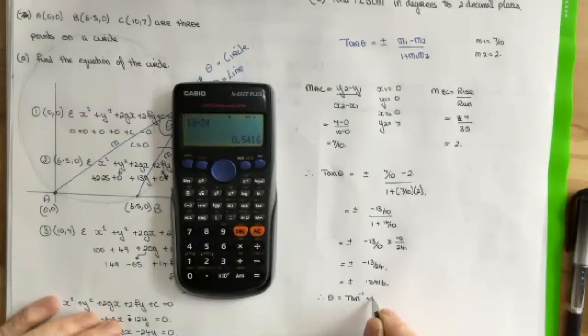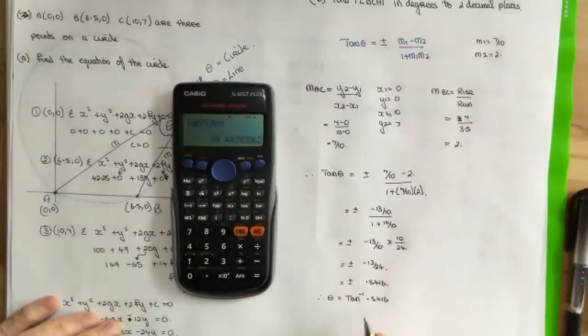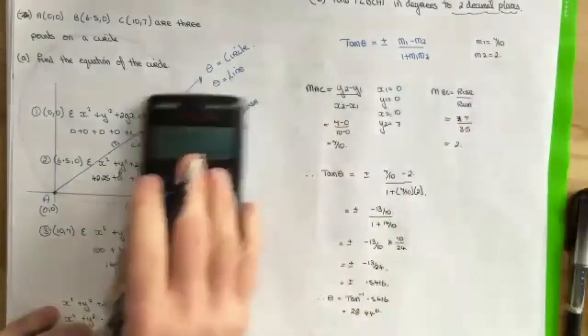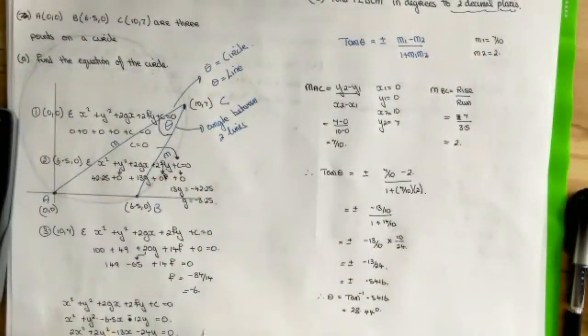Inverse of 0.5416. So I get the tan inverse of that is equal to 28.44 degrees, correct to 2 decimal places. That angle, all right, that's the answer to that.